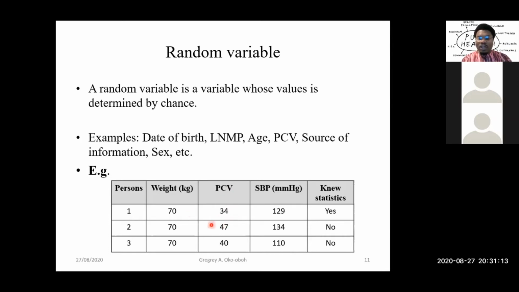Now, this variability, these changes, it is our responsibility as researchers to account for that change. That's why we carry out research. And if we are able to account for that change, it will help us to predict the next person's PCV, given the weight. We can predict better.